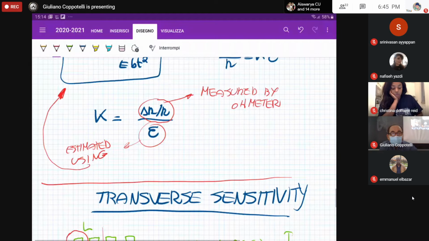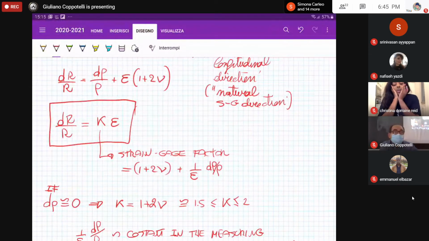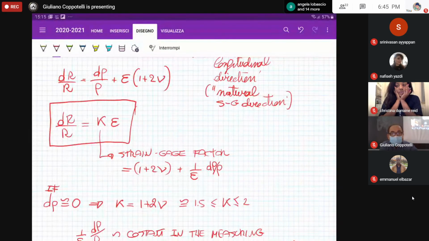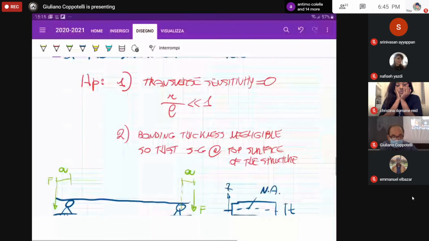But by having a long cable, we are not taking a good measurement because strain is a local measurement. So we have to shrink everything into just one point, theoretically. So in order to keep the length of this resistive wire the longest possible, the general configuration is like this here.